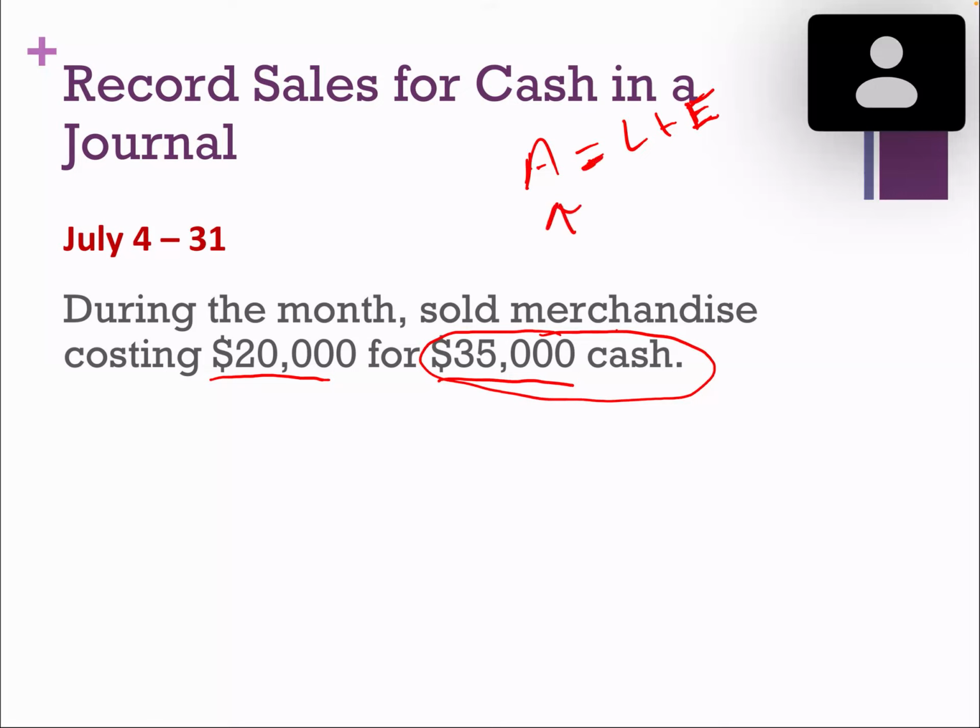Do we have some type of obligation? No, right? They paid us cash. But we go over to equity, and remember, you have revenue and common stock that increase it. And then you have expenses and dividends that decrease equity.